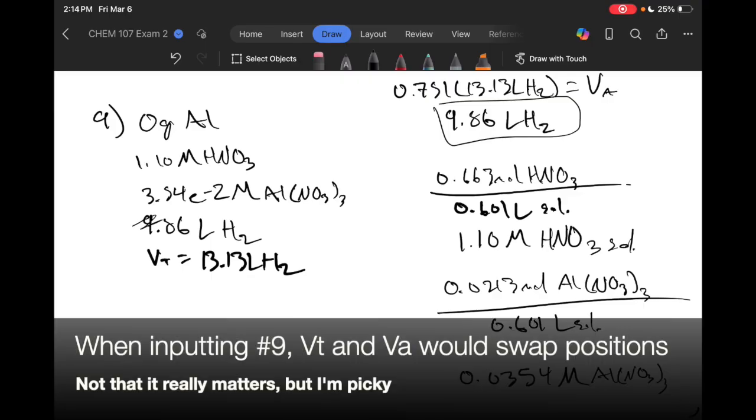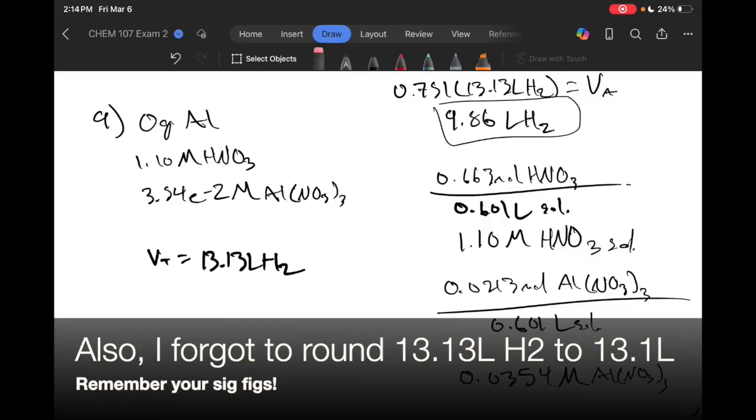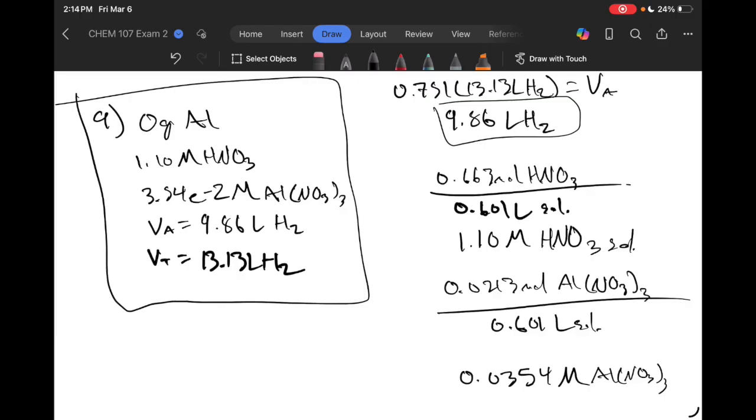And then we can specify here at the top what V actual was, since it was also not given to us, where V actual is equal to 9.86 liters of H2. We box that in, and we're done.